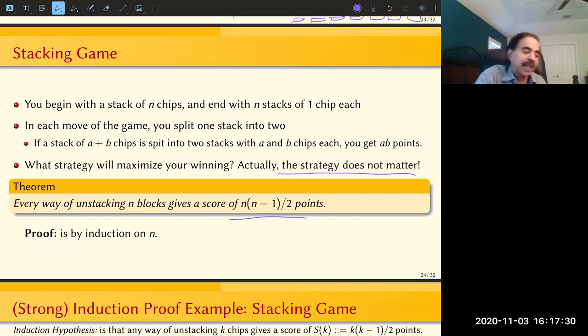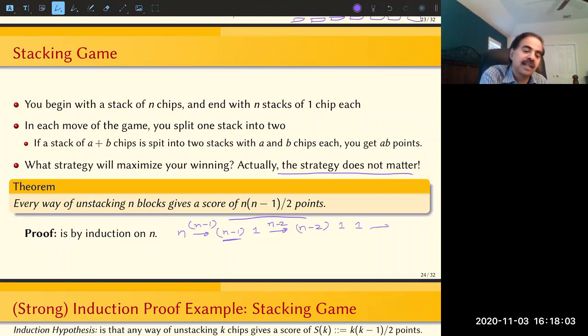Okay. So this is easy to see when you use the skewed strategy, right? Because you start with n, then you'll go to a stack with n minus 1 and 1. This will net you n minus 1 points. Then in the next step, you will break up this n minus 1 stack in a skewed way, which will mean n minus 2, 1, 1, and this will give you n minus 2 points, and so on.